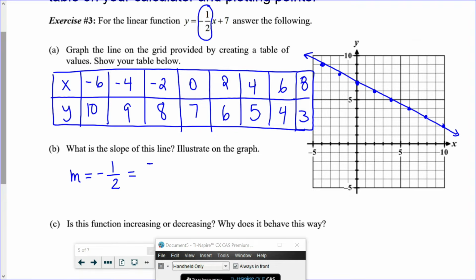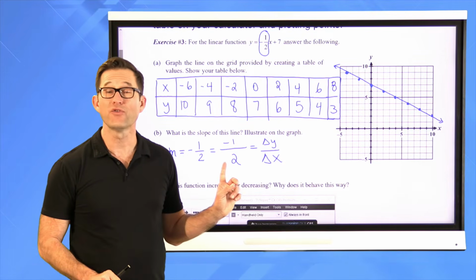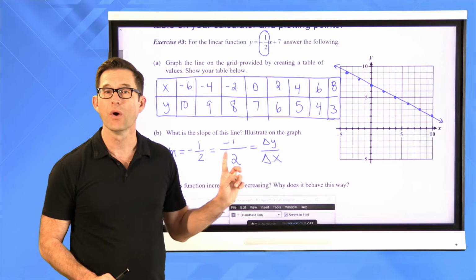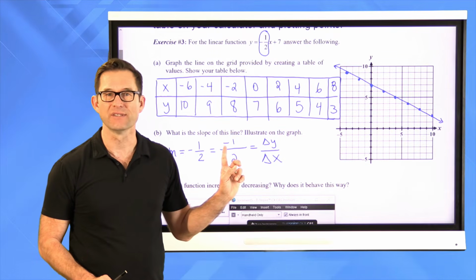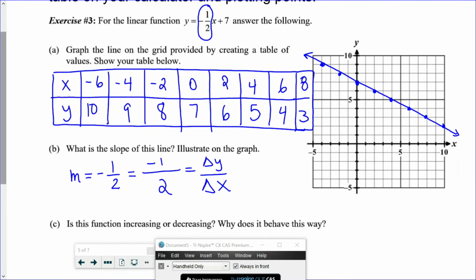Now, I'm going to like to think about that as -1 over 2, because remember, I want to think about the slope as the change in y over the change in x. So I can really think of this as, for every 2 units that x increases, y decreases by 1 unit. And I can really see that on the graph. If I grab any point and I move 2 units to the right, I have to go down 1 unit.